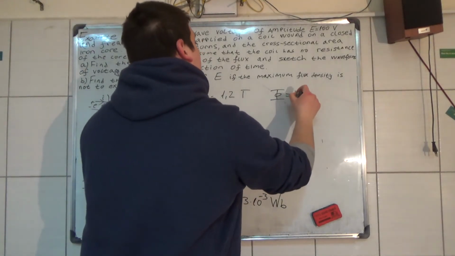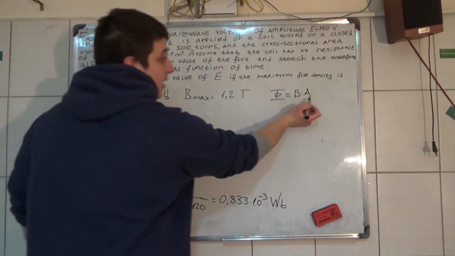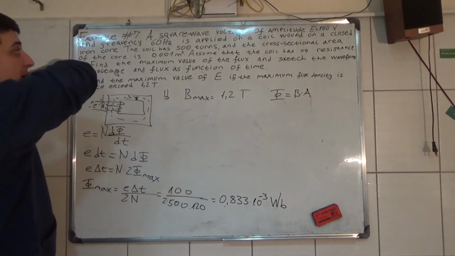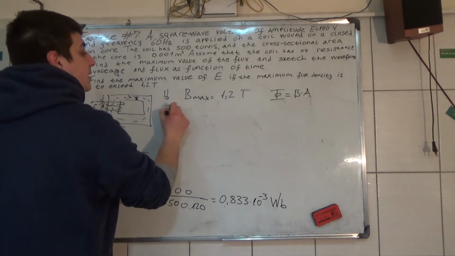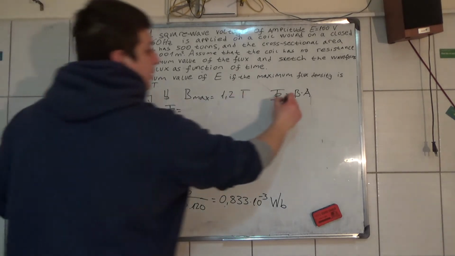Flux maximum is equal to B max times A, where A is the cross-sectional area of the core.